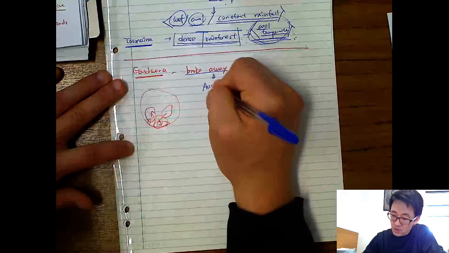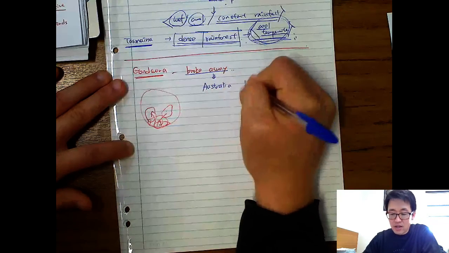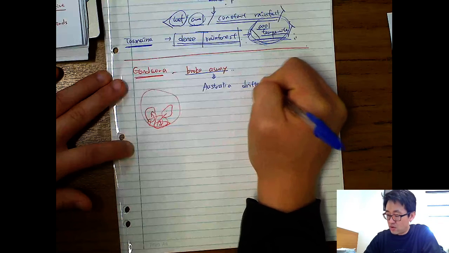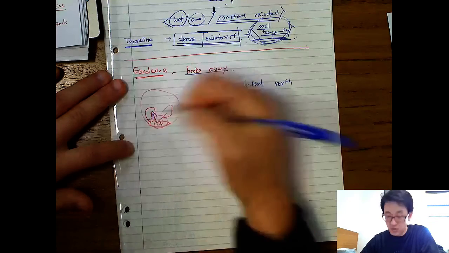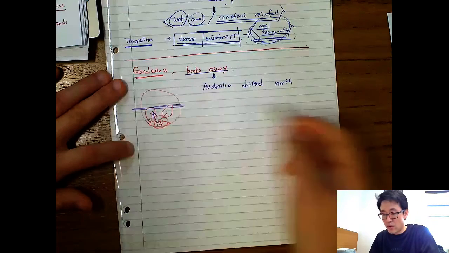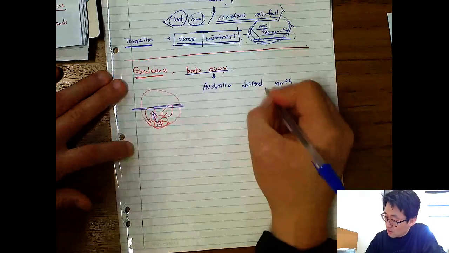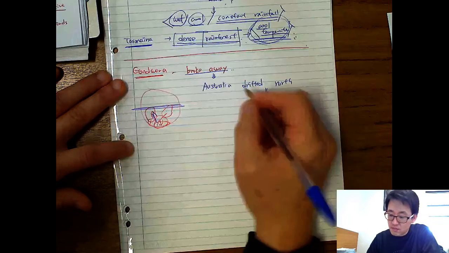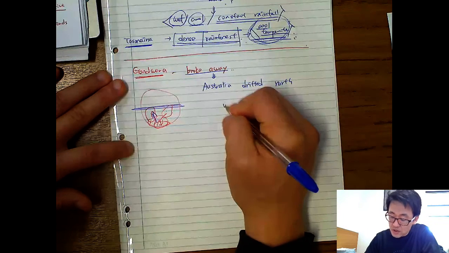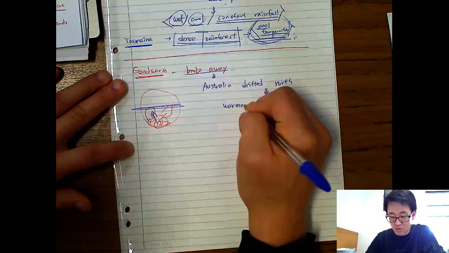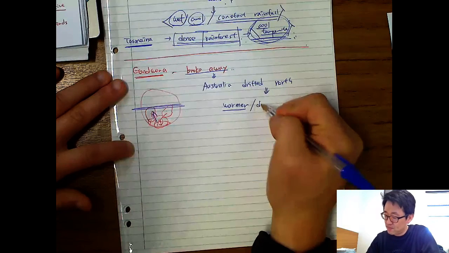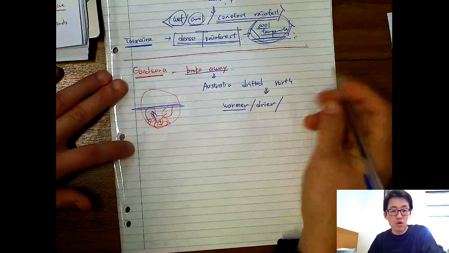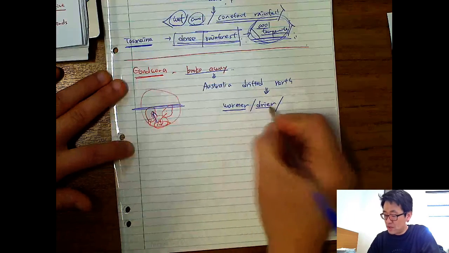Therefore, Australia drifted north, moved towards the north, near the equator. Because of that, the weather became, yes, obviously warmer, isn't it? And drier. So I can write down warm and dry, yep.